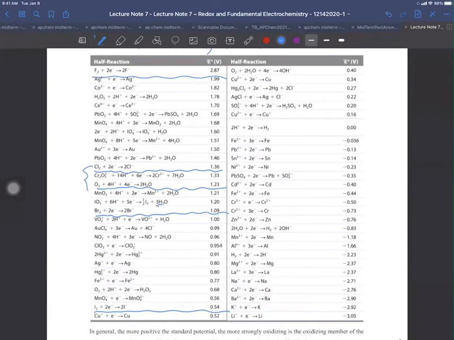So this is why O2 is much easier to gain electrons compared to I2, which means the I minus is easier to lose electrons compared to water. Make sense? So as a reducing agent, I minus is stronger than water. So I minus will first lose electrons to change into I2.